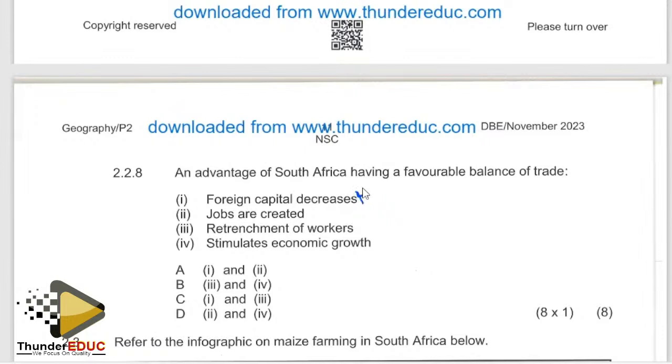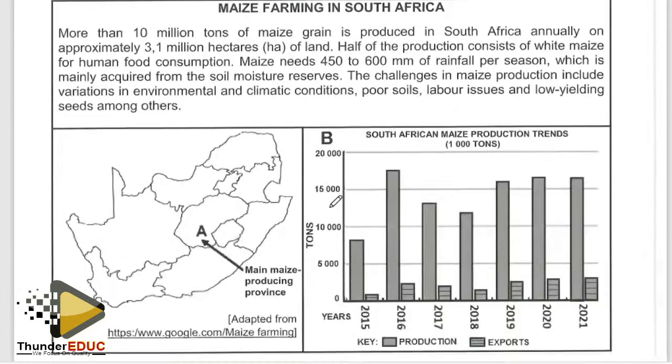Okay, and let's say jobs are created. That one is okay because it's trade. You export more than importation. Jobs will be created, which is okay. Retrenchment of workers, it's not true. Stimulates economic growth. That one is very true. So it is Roman number 2 and Roman number 4, which is basically part D.